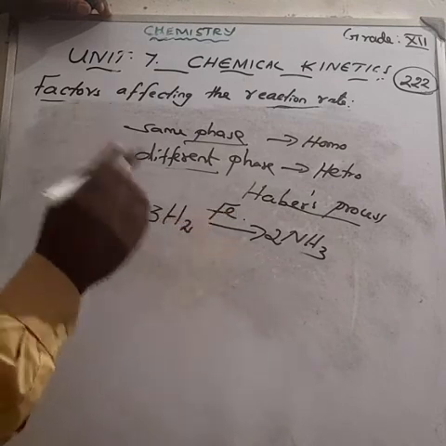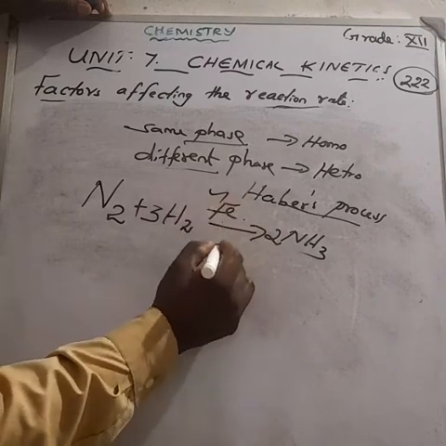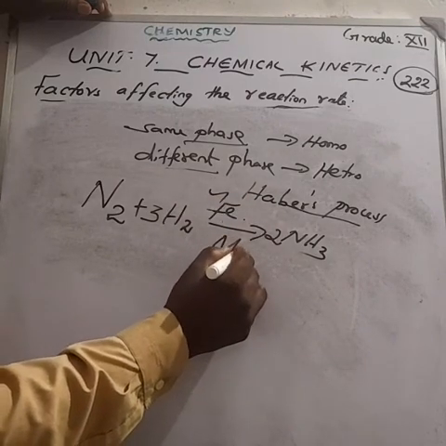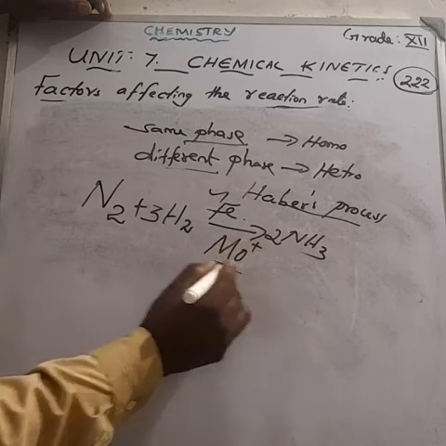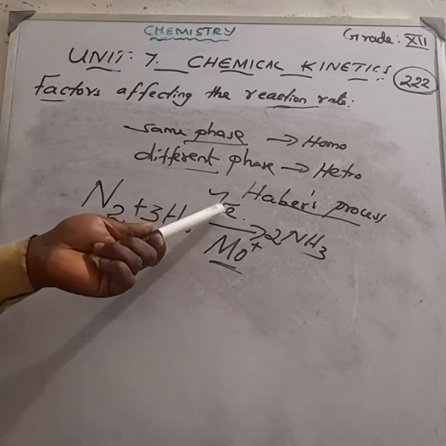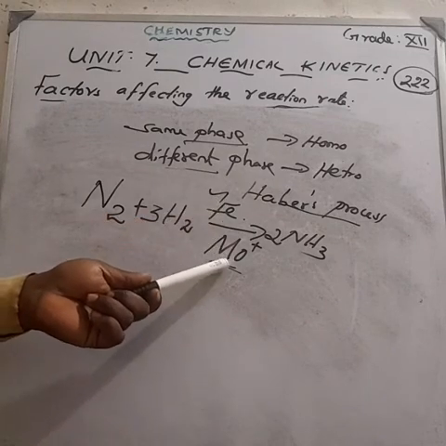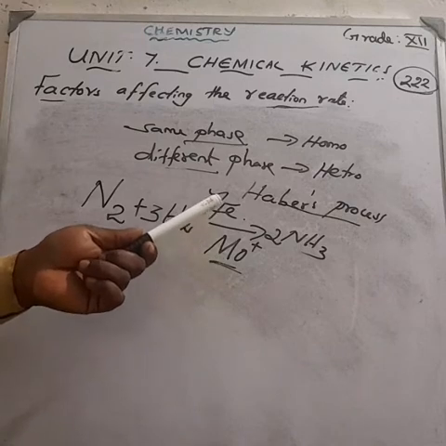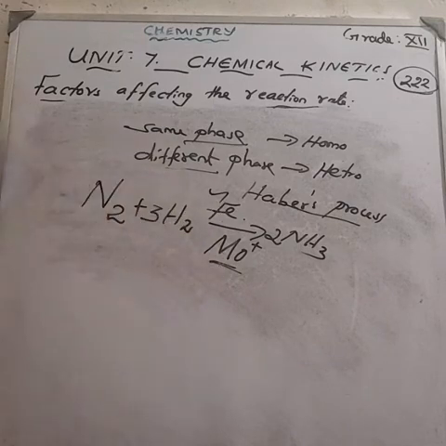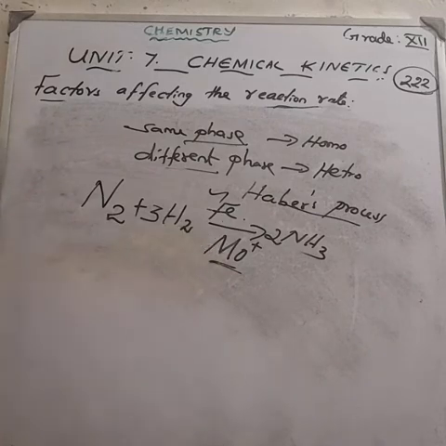The activity of the iron catalyst is increased by the presence of molybdenum. Can you understand? So, molybdenum is called a promoter. That is one about the promoters.